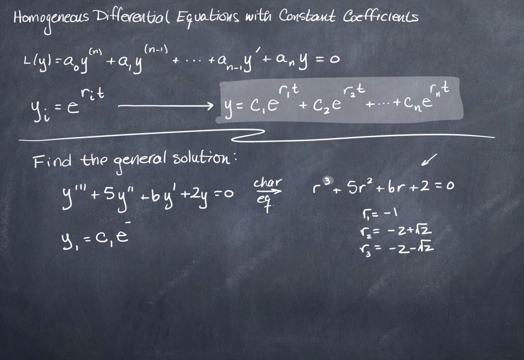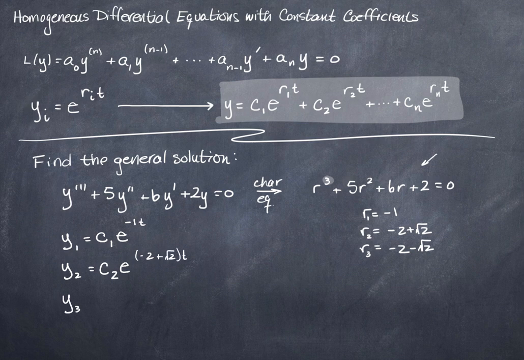Well, r1 is -1. You wouldn't necessarily need to write the -1 times t. You could write just minus t, negative t. Y sub 2 is equal to some potentially different constant times e to the power of r sub 2 times t. Well, r sub 2 is -2 plus root 2.